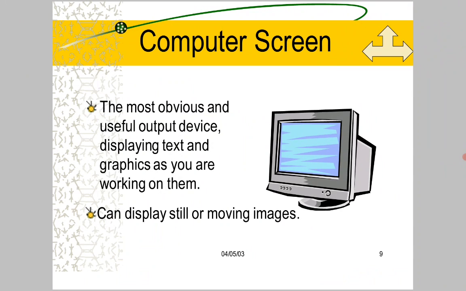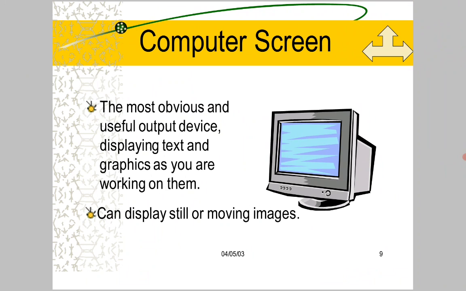The computer screen or monitor is another standard output device. It is the most obvious and useful output device, displaying text and graphics as you are working on them. Generally they are used to display still or moving images, text or graphics on the screen.